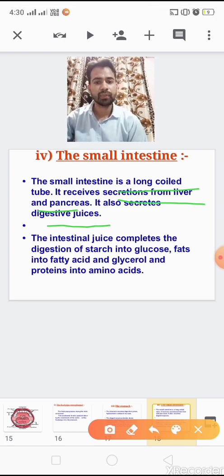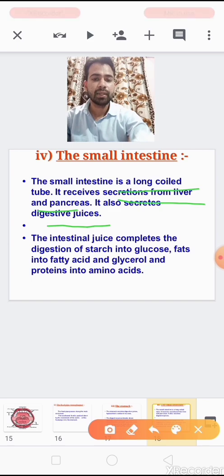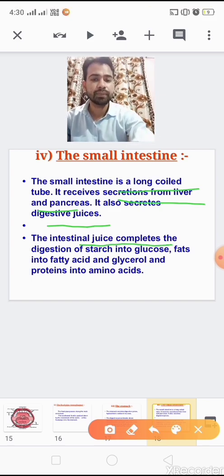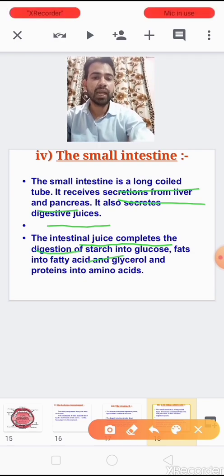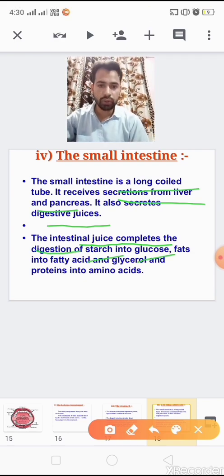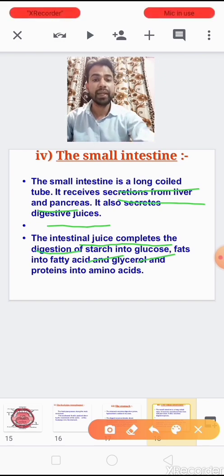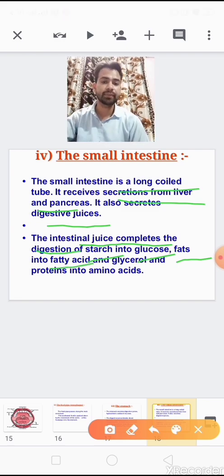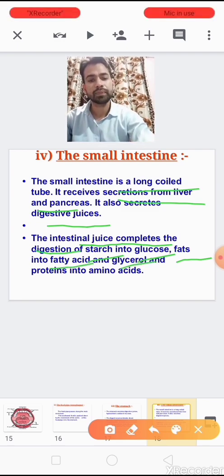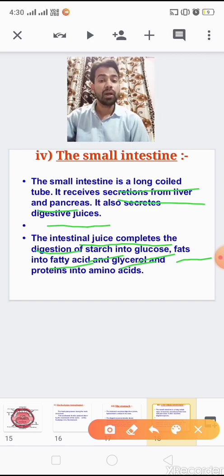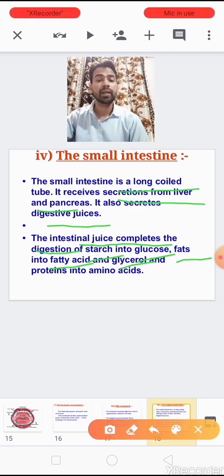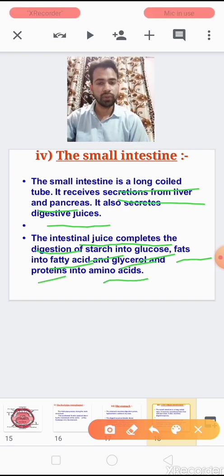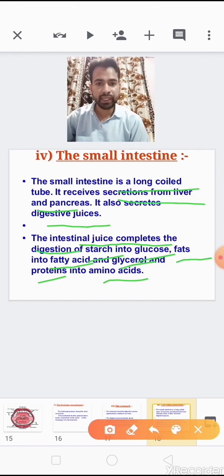Okay, children. In the small intestine, the intestinal juices complete the digestion of starch into glucose, and they complete the digestion of fats into fatty acids and glycerol, and they also complete the digestion of proteins into amino acids. Okay, children, I repeat once again.